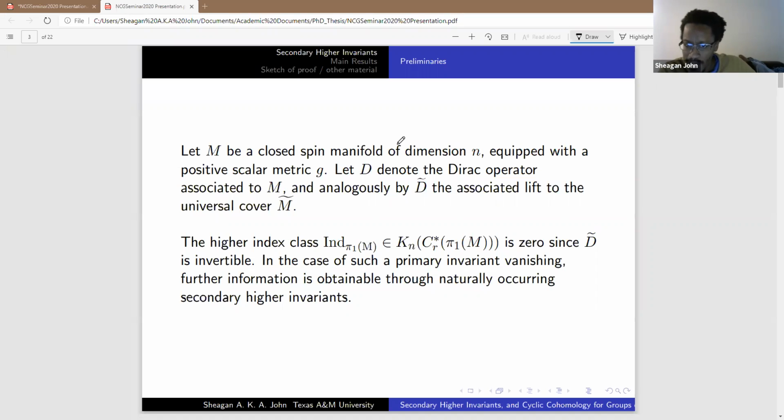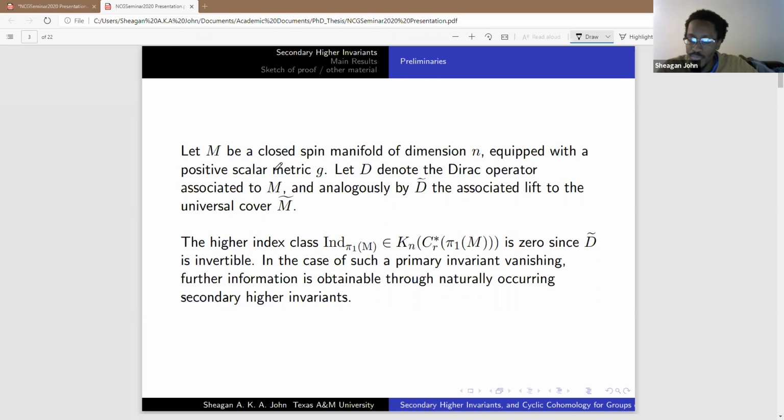Now we have here a higher index, a generalization of the Fredholm index, in the K-theory of the reduced group C-star algebra of our fundamental group. So this higher index is taking into account the symmetries of the space which arise by looking at the action of the fundamental group on the manifold, or rather on the universal cover of our manifold.